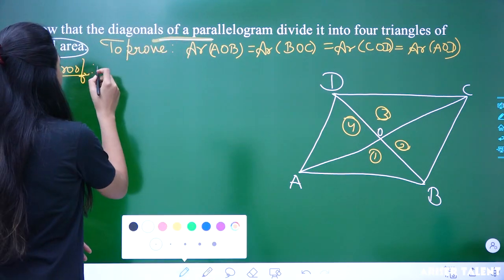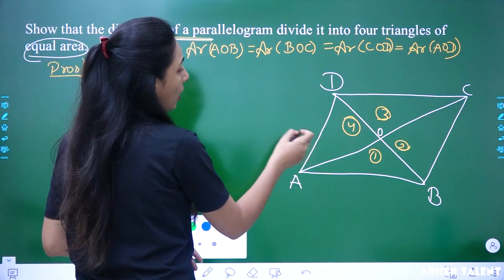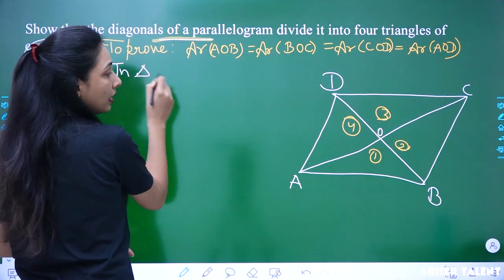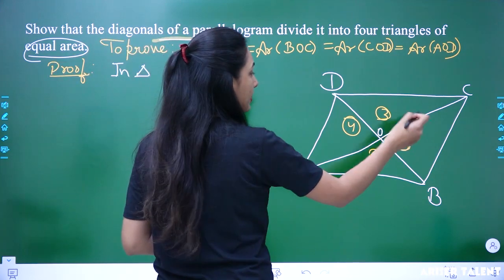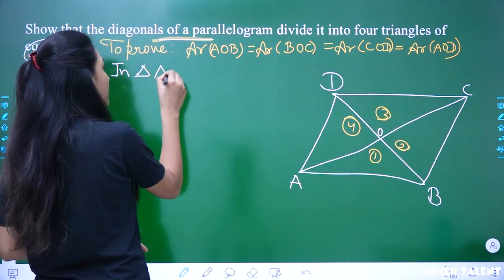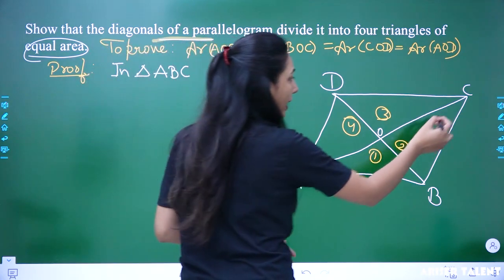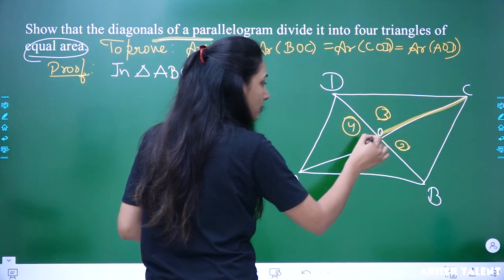Okay, let's see how it's done. Now in triangle, I am taking the big triangle ABC. The triangle I am talking about is this.